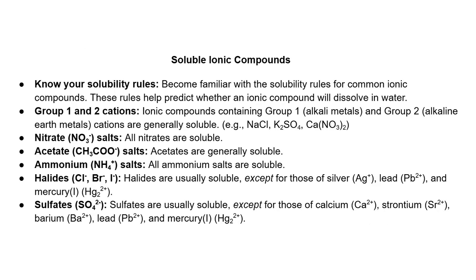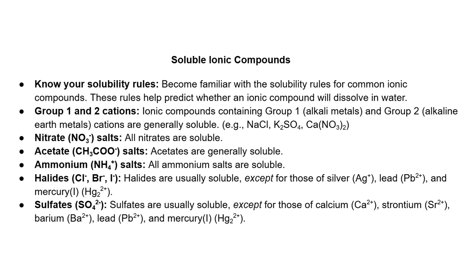So to write net ionic equations, we have to know which compounds are strong electrolytes and which are weak electrolytes or non-electrolytes. And to do this, you have to know your solubility rules for ionic compounds. In general, any compound that contains a cation from group 1 or group 2 is going to be soluble.